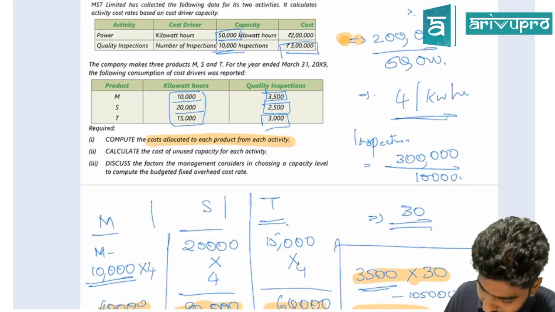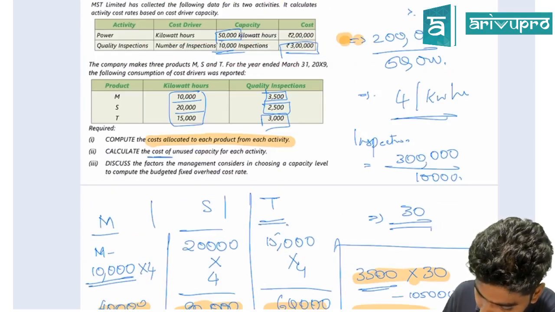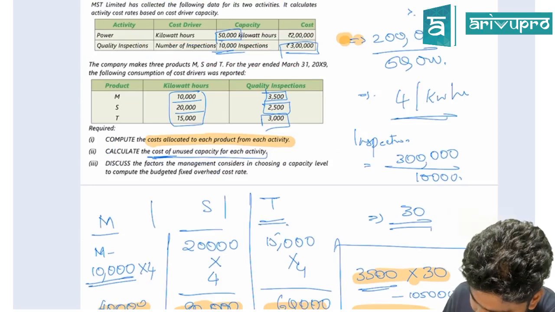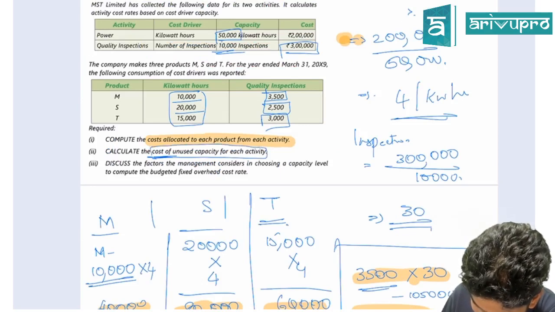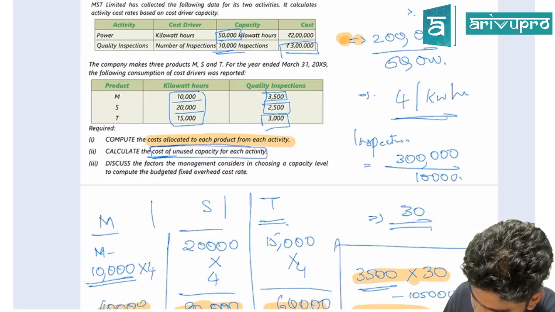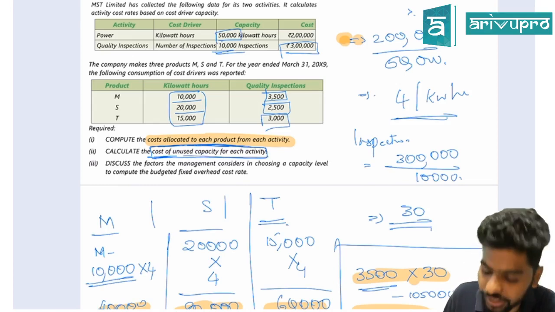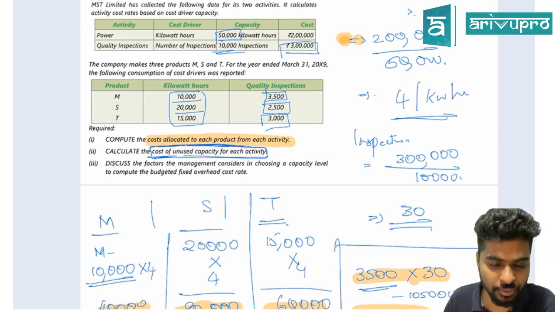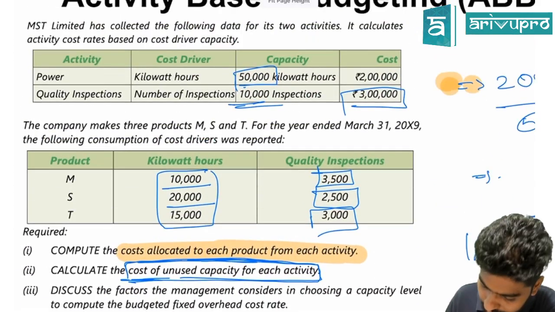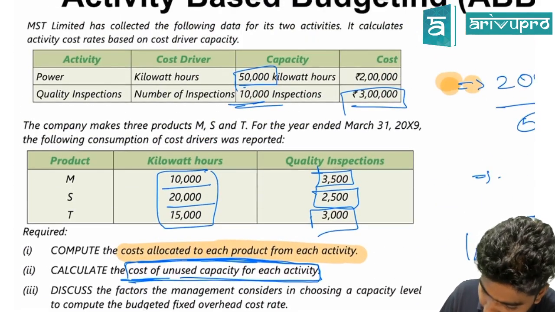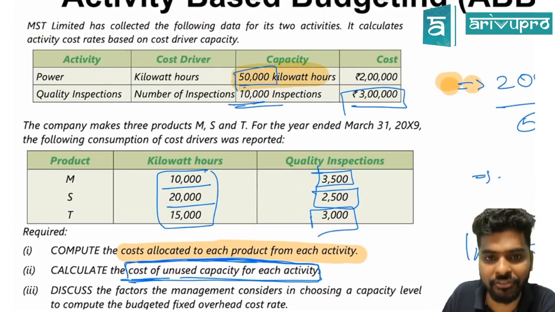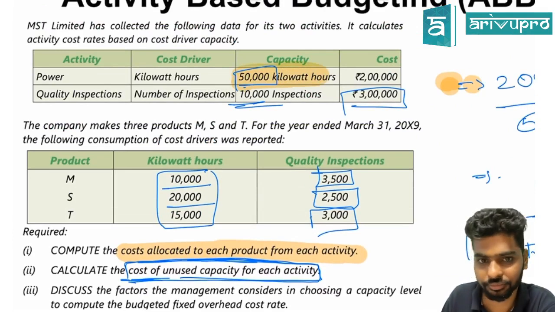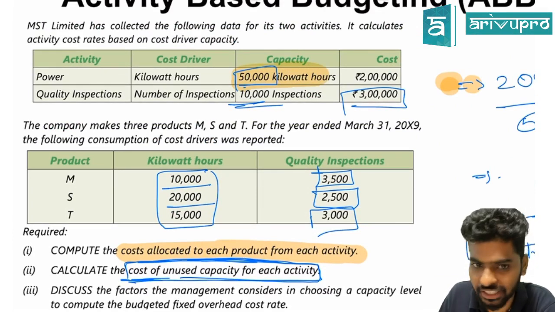Now the second question they've asked is, calculate the cost of unused capacity for each activity. Now if you look into it, guys, see here, what is the number of hours of capacity I've taken? It is 50,000.